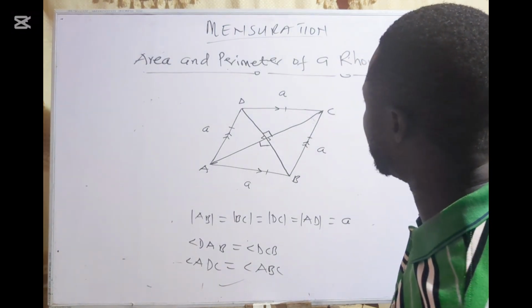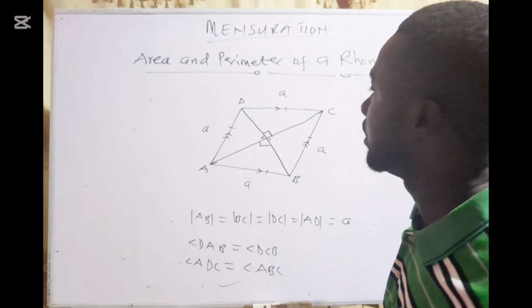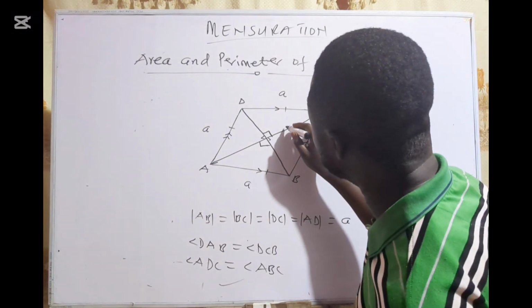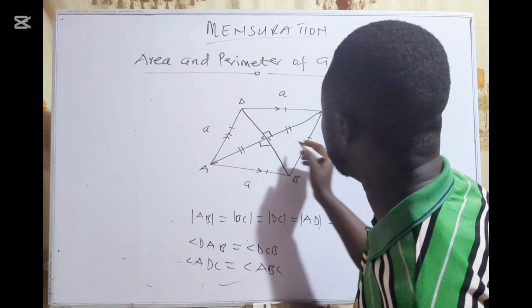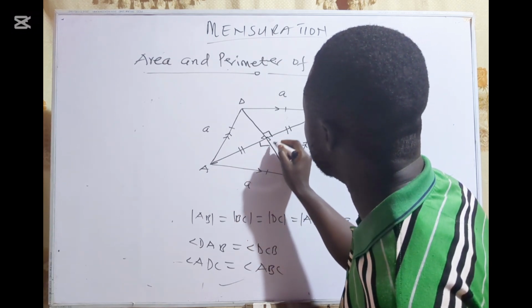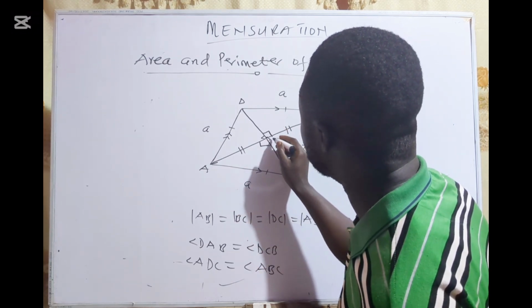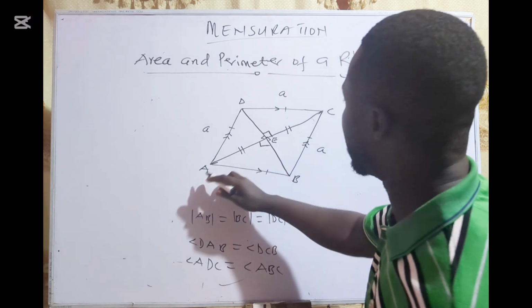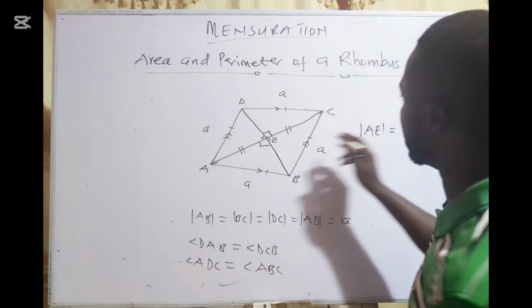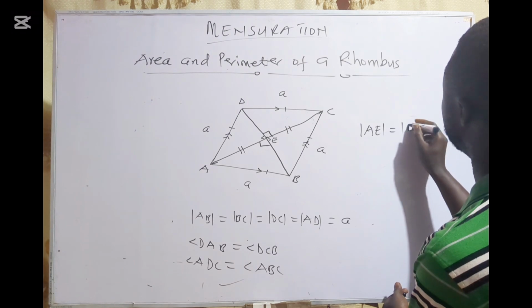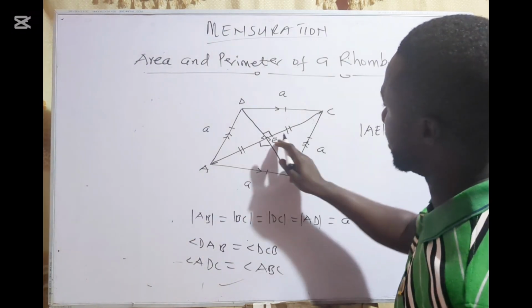And what we should know is that the diagonals bisect each other. So the length here is equal to the length here. If I label the point where the diagonals meet as E, then we can say length AE is equal to EC.